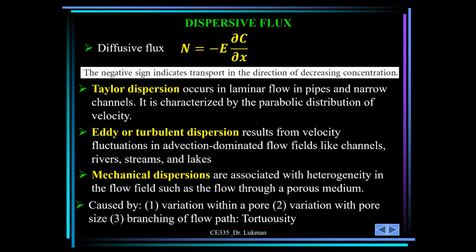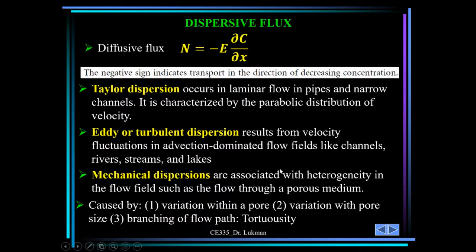The pore sizes are not uniform, they vary, unless it is approximated as a uniform porous medium, which more often than not you hardly find. But for idealization, we can take it to be uniform.